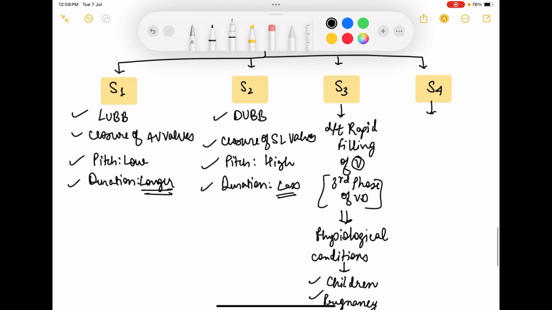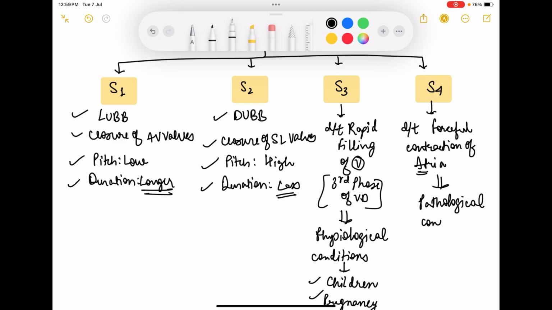And last, S4. S4 is due to the forceful contraction of the atria. It occurs in pathological conditions, not physiologically. So, the most common pathological condition in which S4 heart sound can be heard is ventricular stiffness.